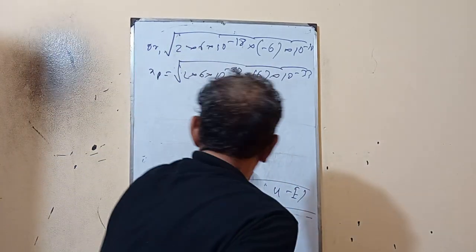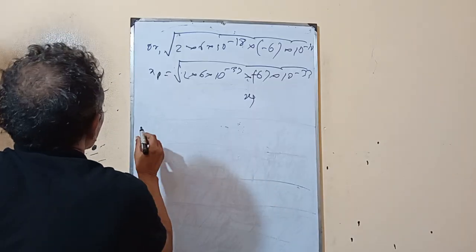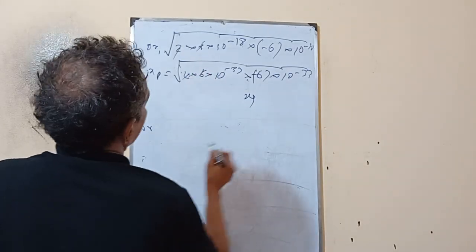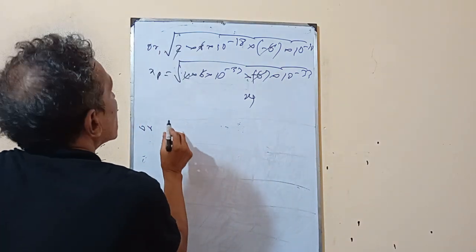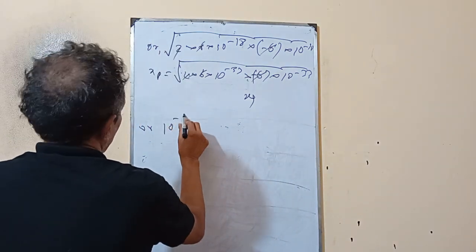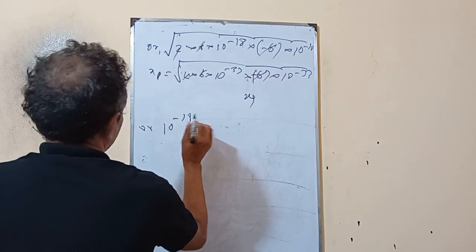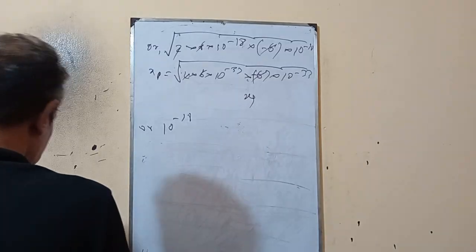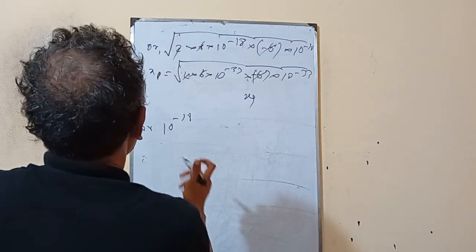Now we have to calculate what? Delineation. 6 into 10 to the minus 18 XP. XP, what?